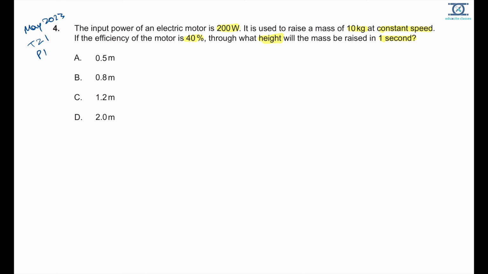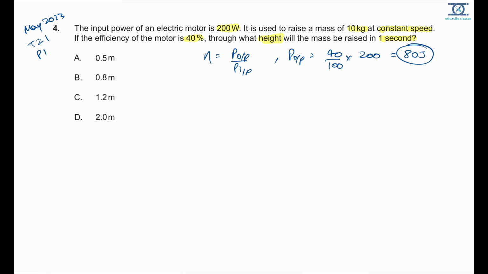Now if you look at this, first of all, using the efficiency, can we find out the power output? So efficiency is power output upon power input. So power output will be 40% of 200, which comes out to be 80 joules.